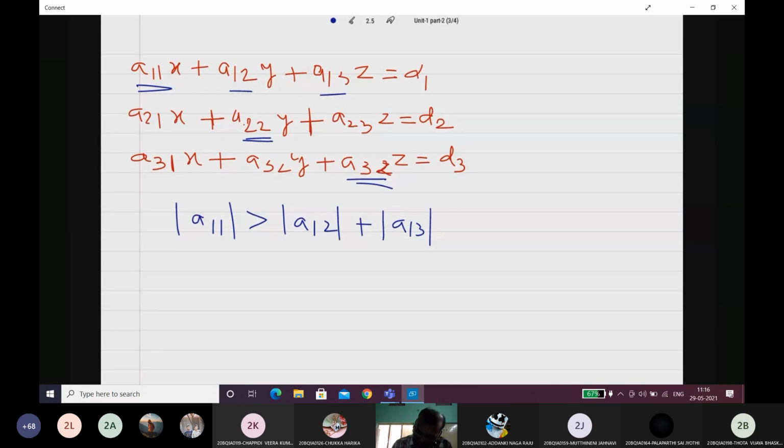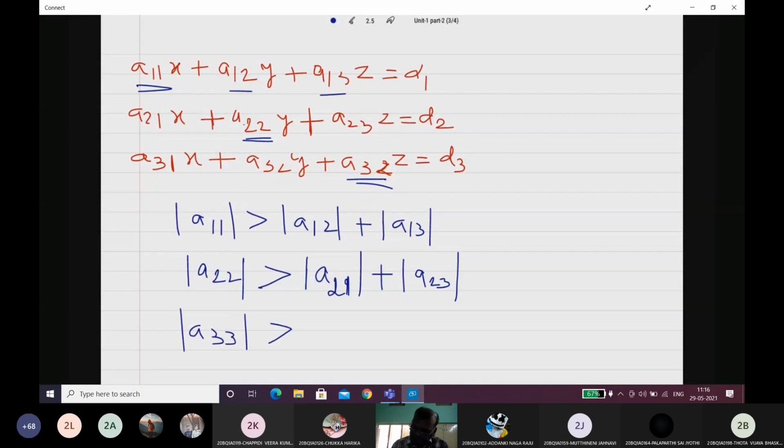And the second condition, coming to the second equation: modulus of A22 is greater than modulus of A21 plus modulus of A23. And coming to the third one, modulus of A33 is greater than modulus of A31 plus modulus of A32.